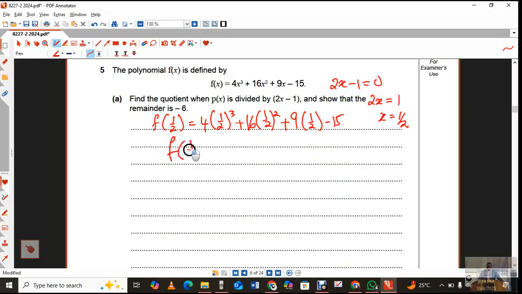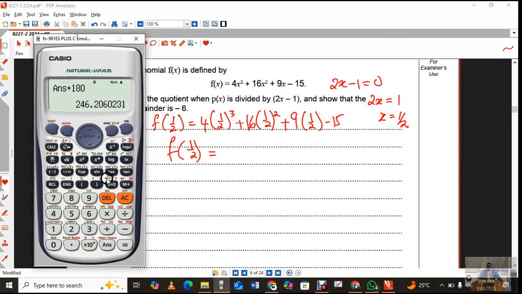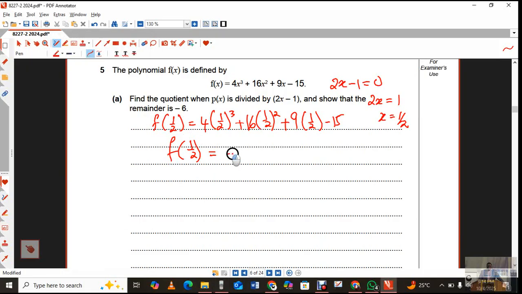So when you punch that into your calculator, you have 4 in brackets, 1 over 2, cubed, plus 16 times 1 over 2 squared, plus 9 times 1 over 2, and then minus 15. You'll see that you'll get a remainder of negative 6. So that gives you negative 6.